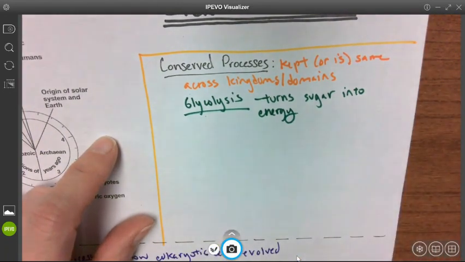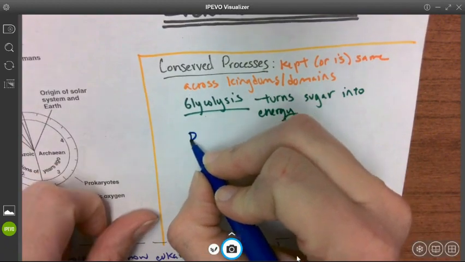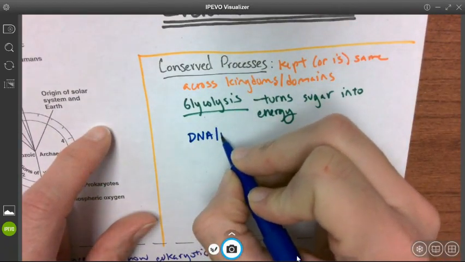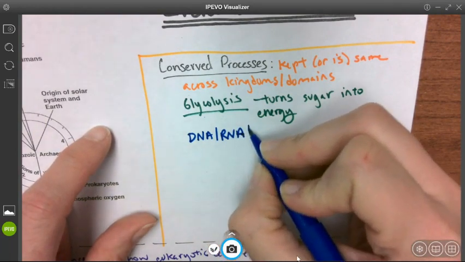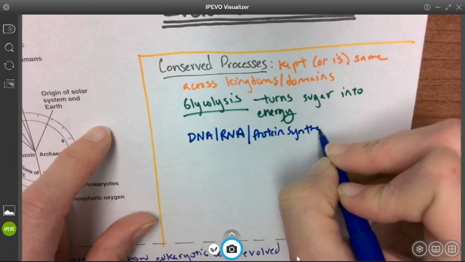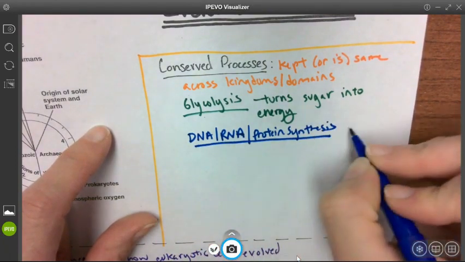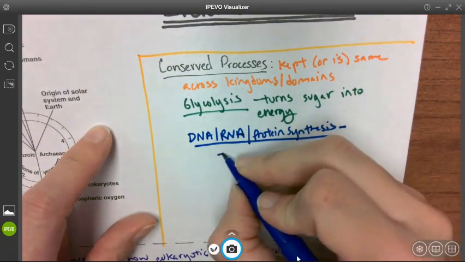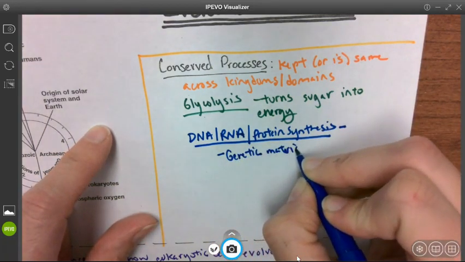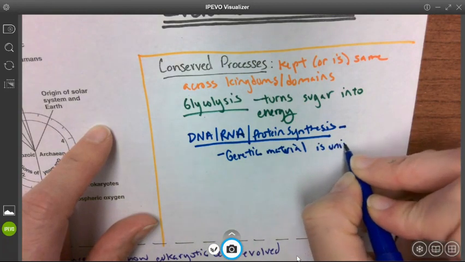Another conserved process is, and structure actually. So I guess it should say conserved processes and structure. DNA and RNA as genetic material, and then protein synthesis. These are all important conserved structures and processes, right? We know that the genetic material is universal.